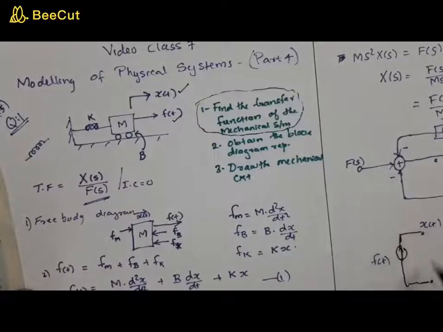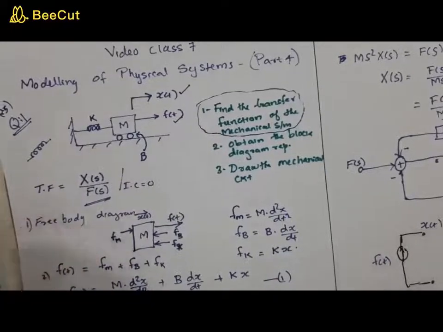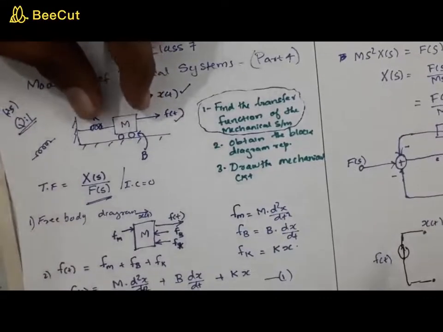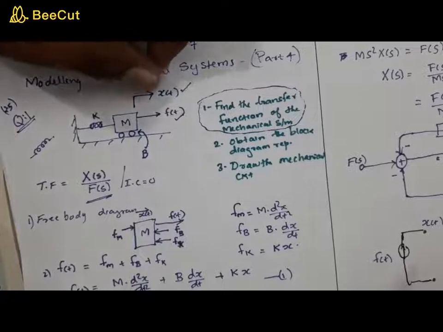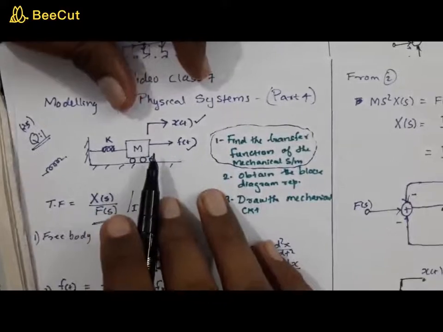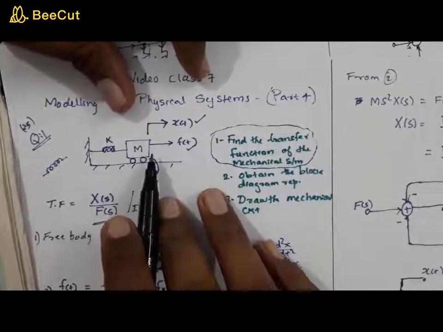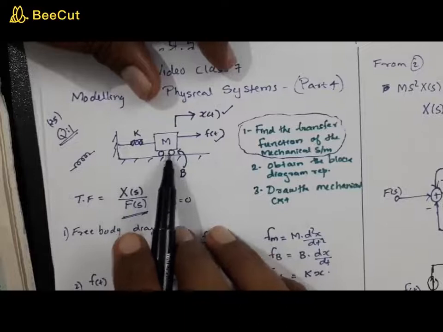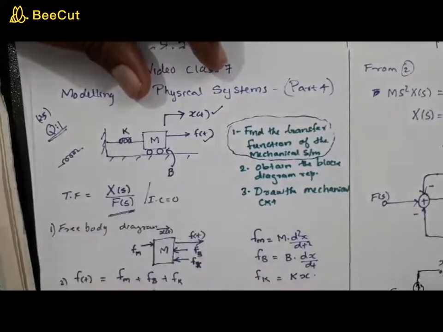Now common to this, there is a fixed point, which is the reference node, and the movable point, that is the x of t. Here you have only one x of t, so the x of t is being experienced by this mass, by this damper, by the spring. So all this comes in parallel.